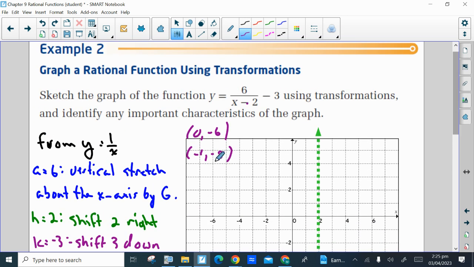Another point, if we wanted, we could go negative 4, because negative 4 take away 2 is negative 6. 6 divided by negative 6 is negative 1. Take away 3 is negative 4. So negative 4, negative 4.